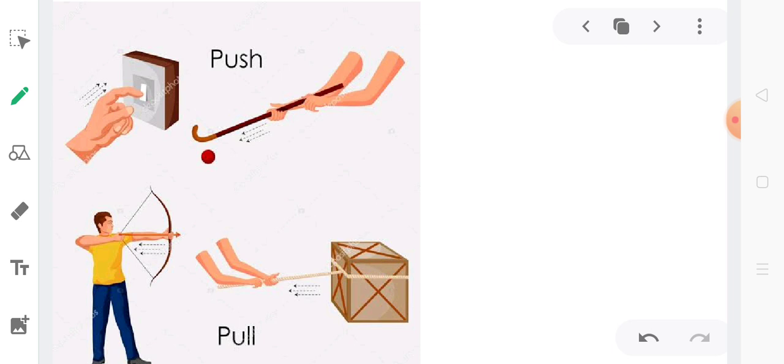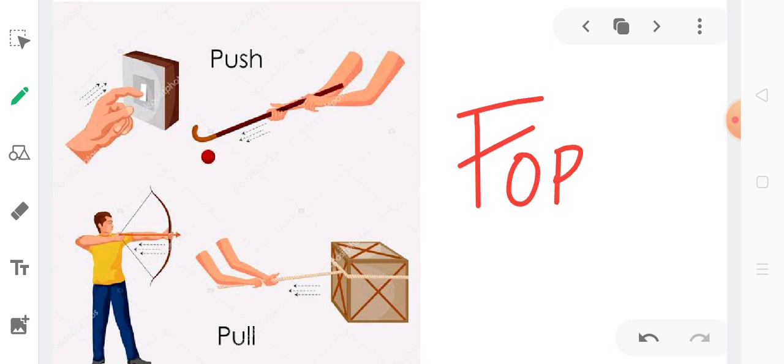So now one question: what basically is this effort that I am talking about? What basically is a push or a pull? That is nothing but what we refer to as force, and that is exactly the reason for any type of motion.